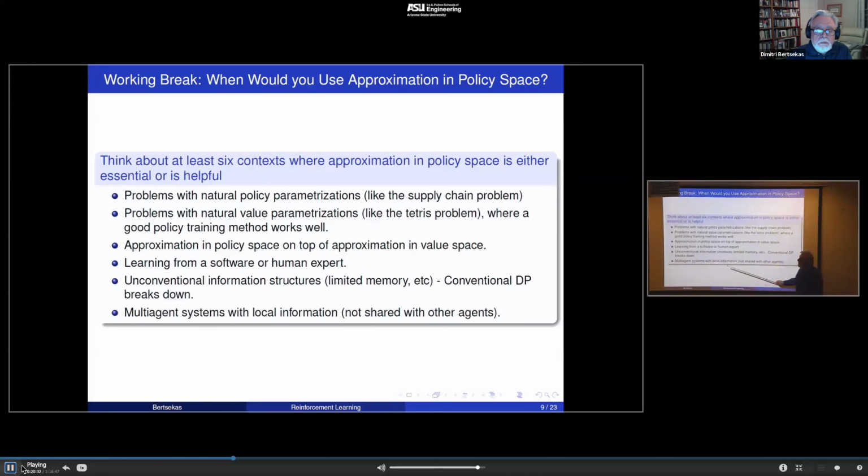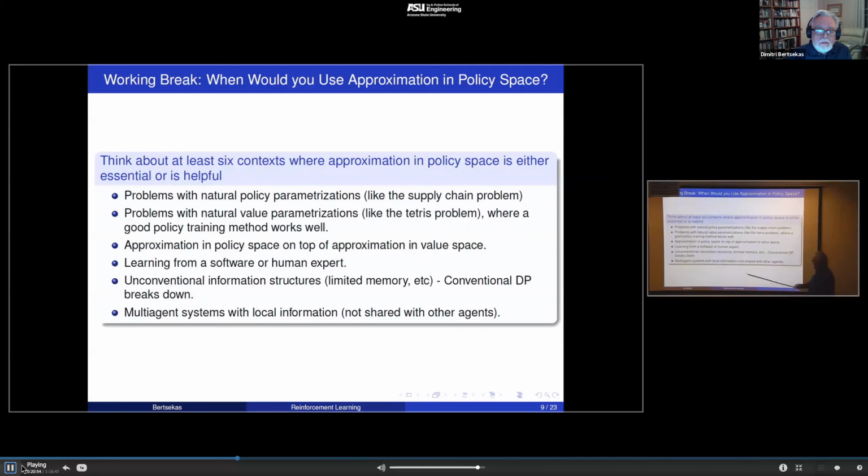We can learn from that by using some kind of training in policy space. Now, here's something that we haven't talked about. There are interesting problems that look like dynamic programming, but they don't fit neatly into the framework of dynamic programming because the information structure may be unconventional.